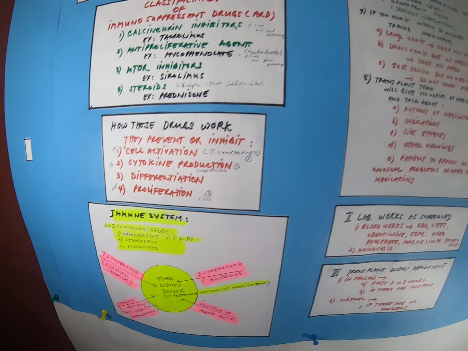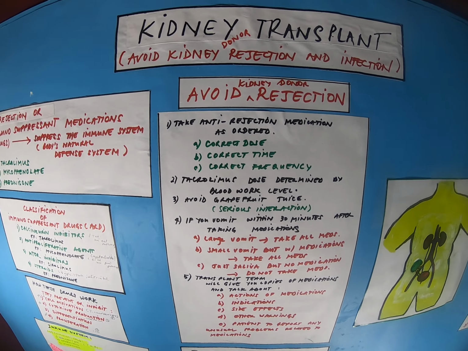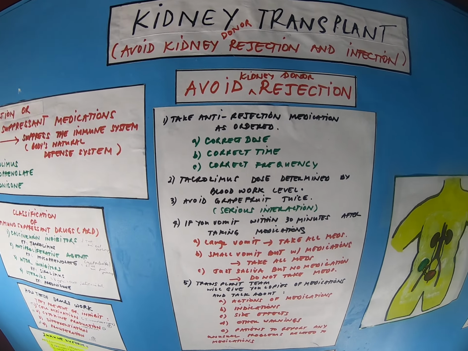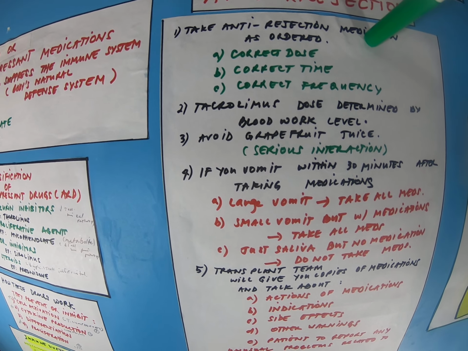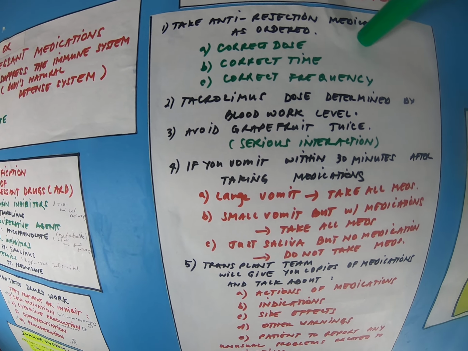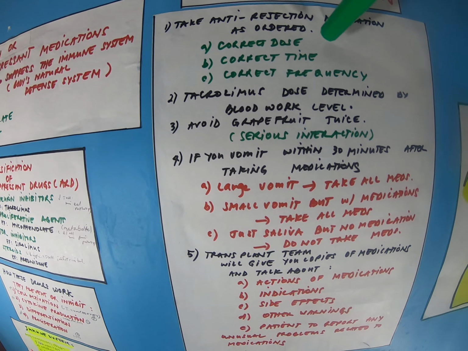So take anti-rejection medications as ordered. The patient has to be in control of his health and medications, and not rely on anybody, not even on friends or relatives. Soon they're gonna leave you. Be sure that the patient knows the correct dose, the correct time, and the correct frequency.